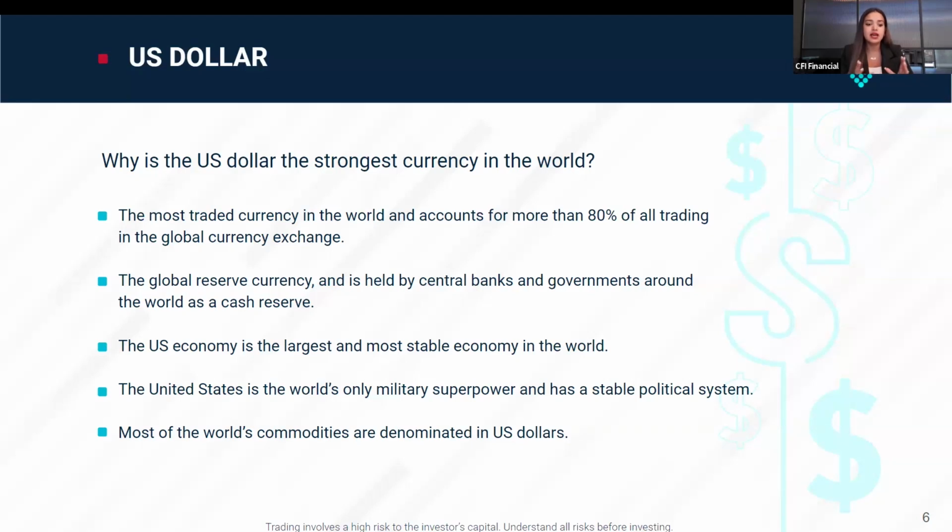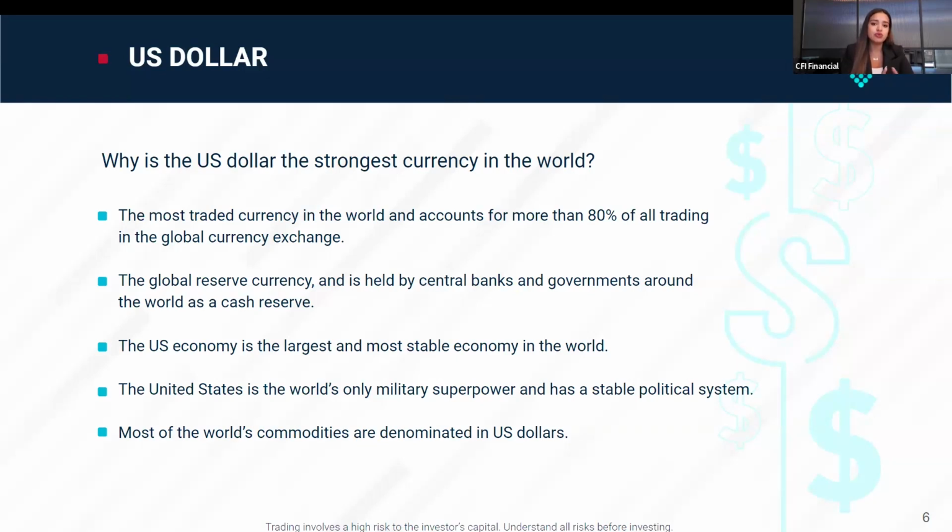The last thing, most of the world's commodities are priced in US dollars, for example gold, silver, and oil. All of these are priced in the US dollar, which is considered a very important aspect.